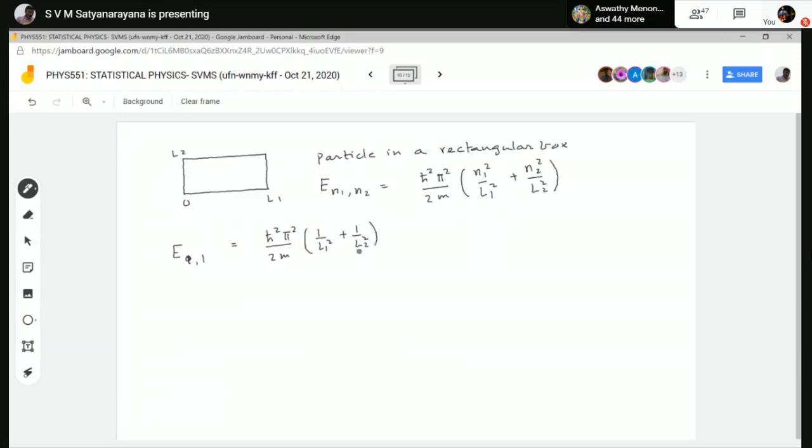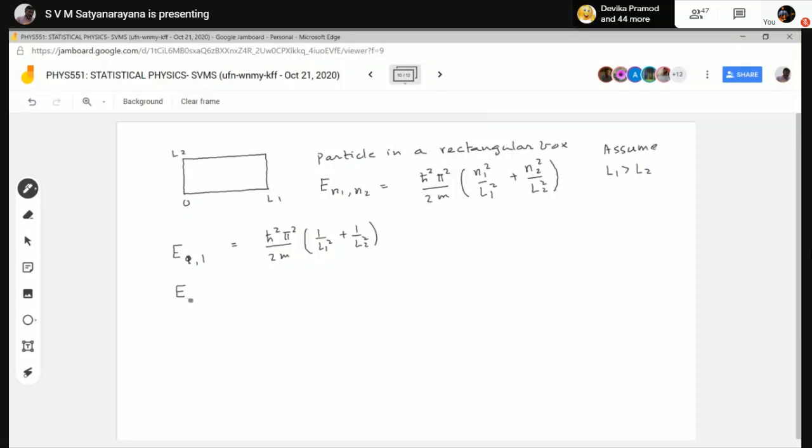So this is the ground state energy. Then you can have your excited state. So let's assume that L1 is greater than L2, without any loss of generality.